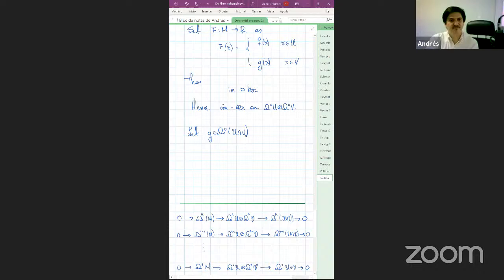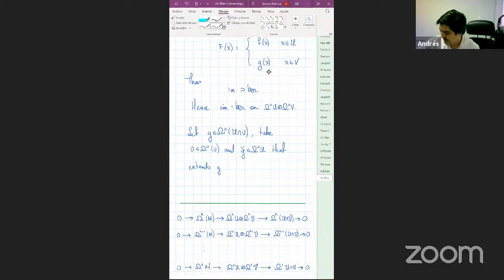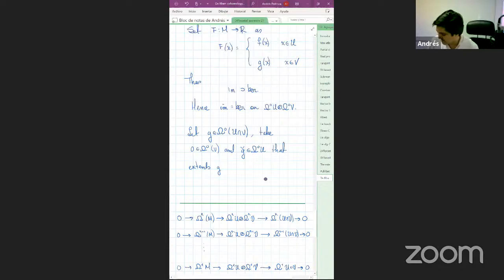You have a function here. So you have to take the 0 function here, and a function on U. And why can you do that?